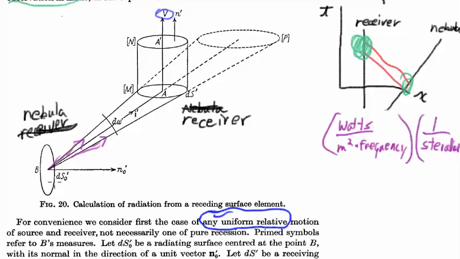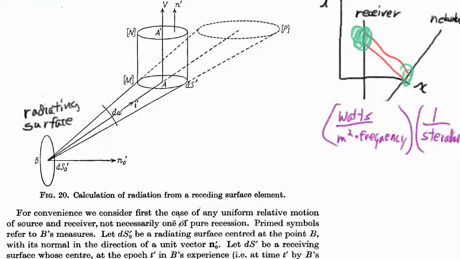Let ds sub naught prime be a radiating surface centered at the point B with its normal in the direction of a unit vector n sub naught prime. Here is the velocity of the receiver.